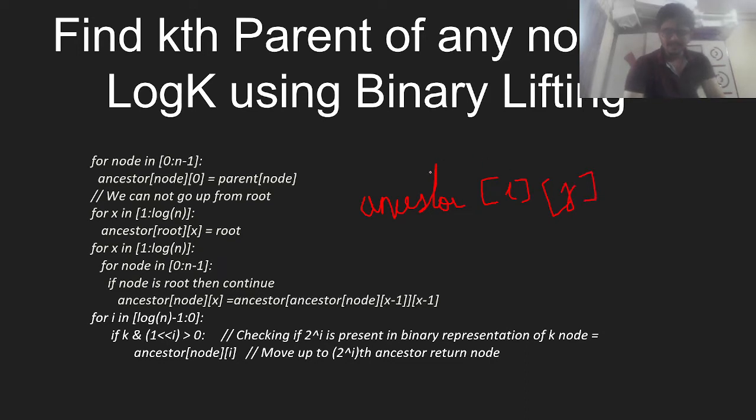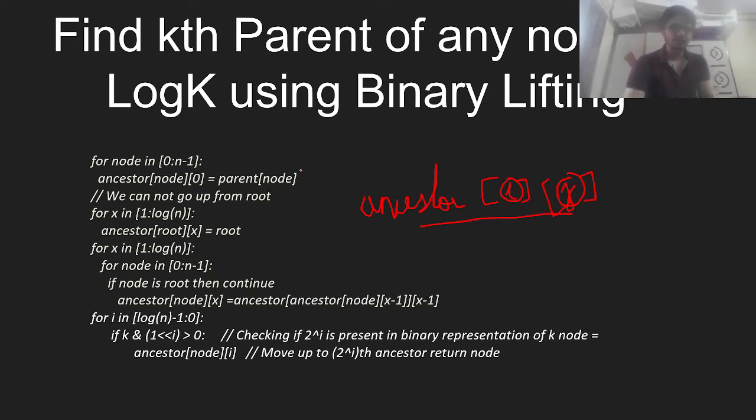So ancestor i j means the 2 raised to power jth ancestor of node i. So if I say ancestor 1 0, it means the first ancestor of node 1. When I say ancestor 2 3, that means the 8th ancestor of 2. Is this clear to everyone? What does this mean?